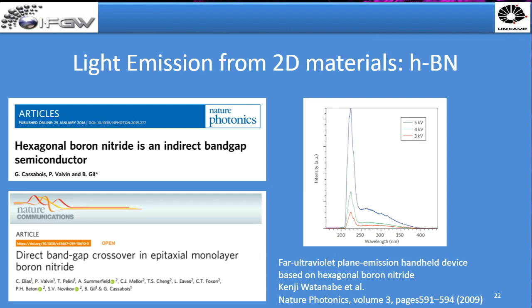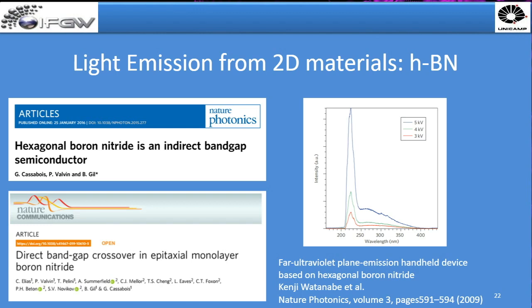Moreover, when in a monolayer, it has been shown that it becomes a direct band gap, similarly to these other 2D materials that we have just discussed. So you see, from the physical point of view, there are interesting aspects to explore in this material.